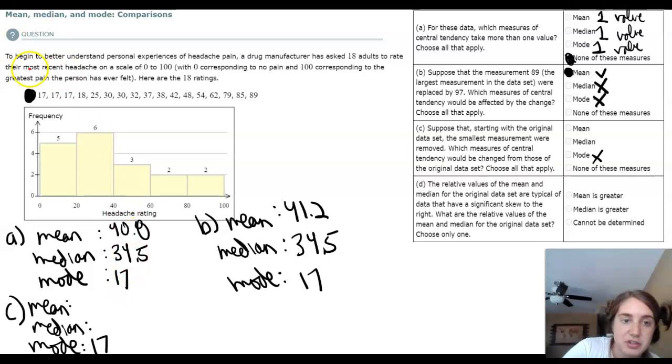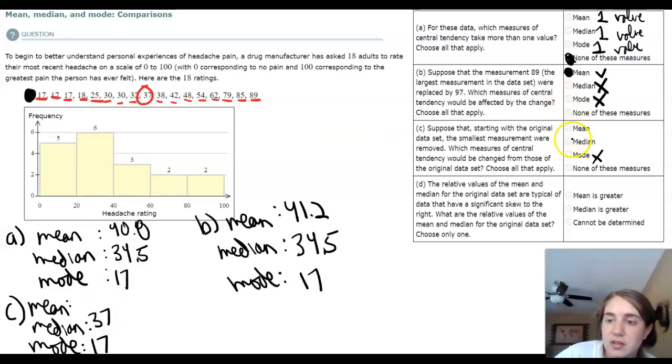Our median, which is our middle number, is now 37. Our median does change. We just need to find our new mean.